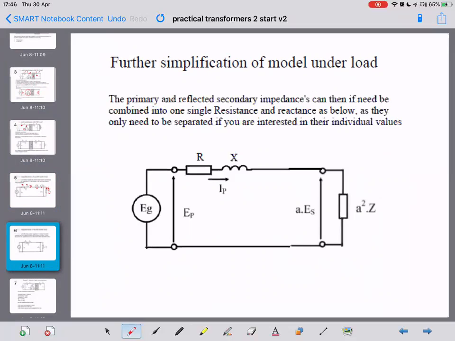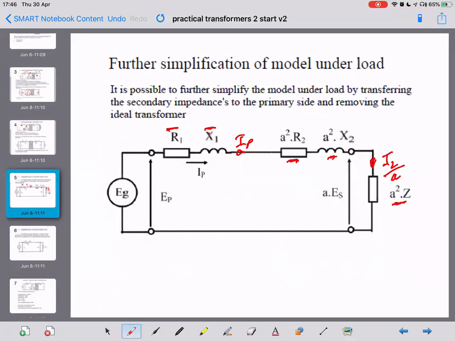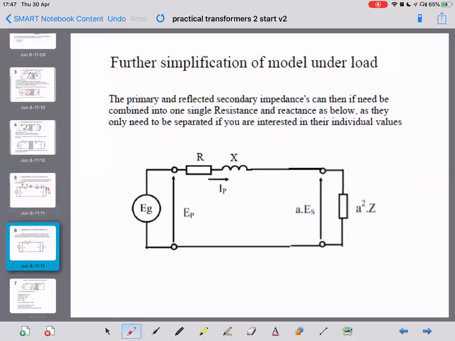If we're not interested in separately knowing what these components R1, X1, A squared R2 and A squared X2 do separately, and the separate volt drops across them, for instance, and we're only interested in the overall action of the transformer with its terminal voltages and currents, then we can combine them together into one R plus X impedance in series.